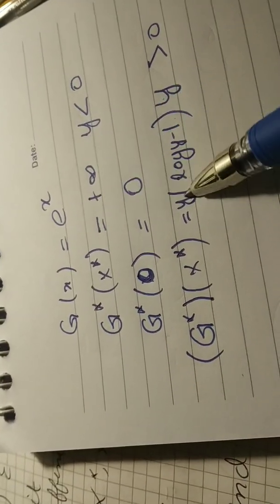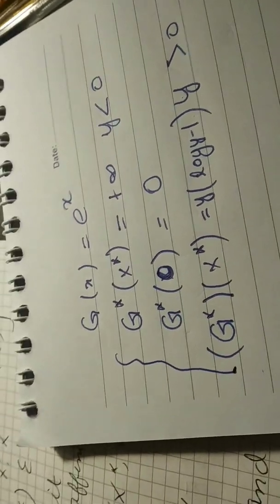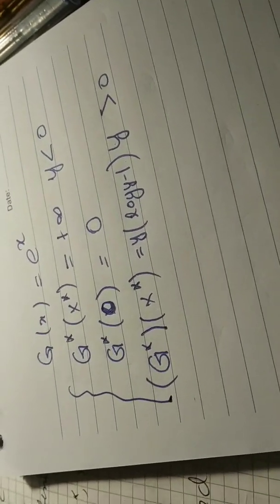We have these three possibilities of convex conjugate, and now I will tell you how I do this.